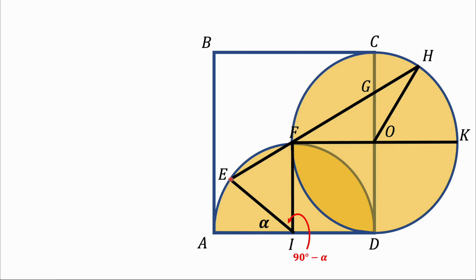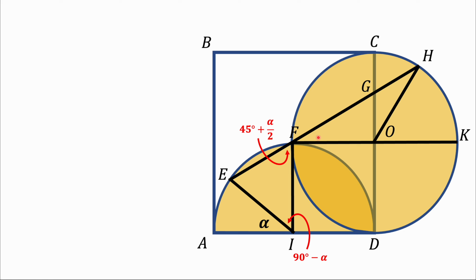Triangle EIF is an isosceles triangle. EI and FI are radii, and therefore angles at the base should be the same, and that means that angle F should be 45 plus alpha over 2.